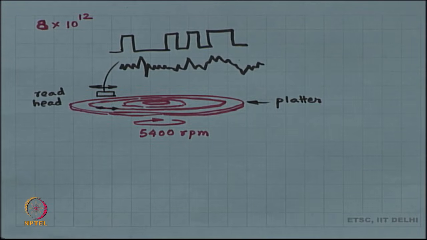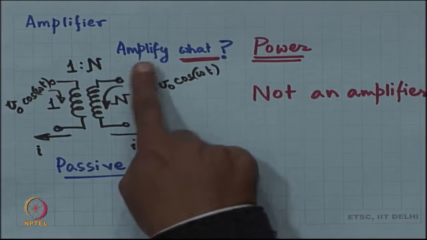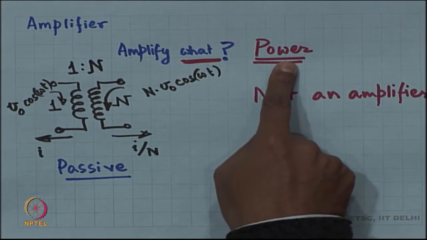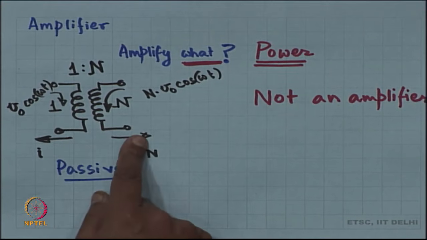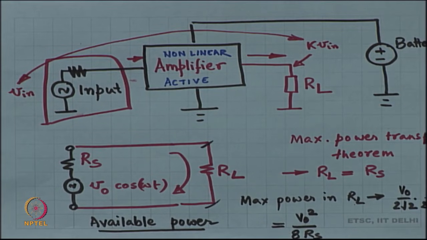Some analog signal processing was discussed with the hard disk platter. Then we started working with the big question, amplify what, and the answer to that is power. The transformer is a passive device, it does not amplify. Then we discussed a strategy to actually amplify power.